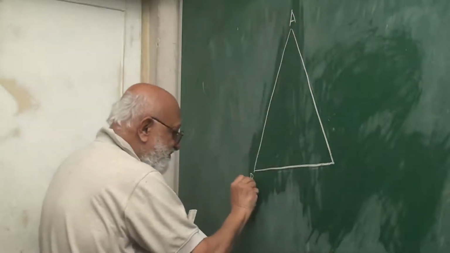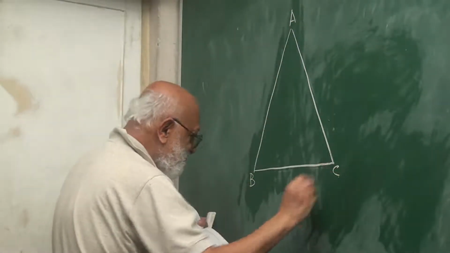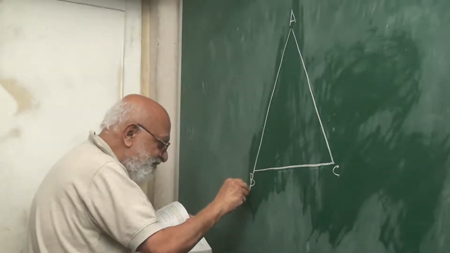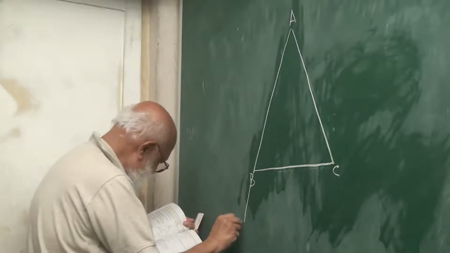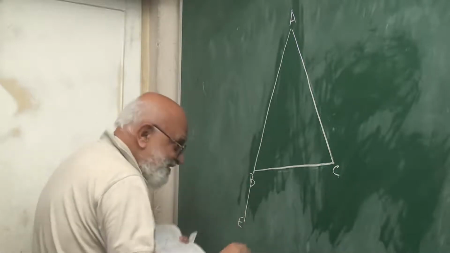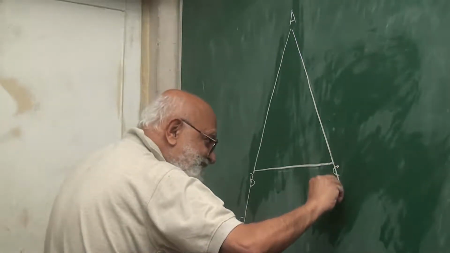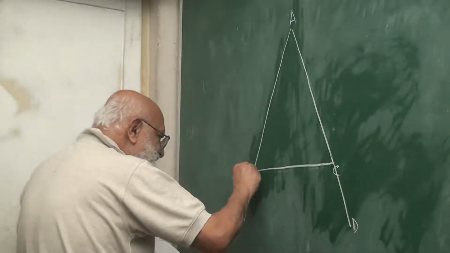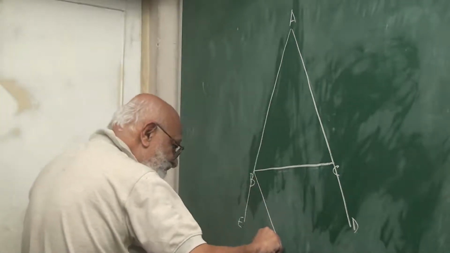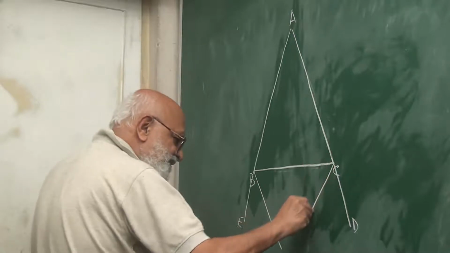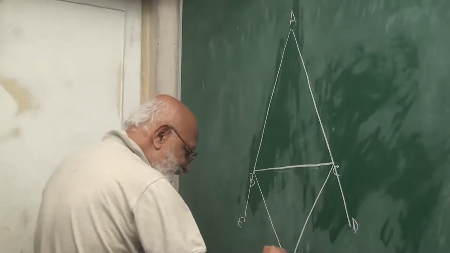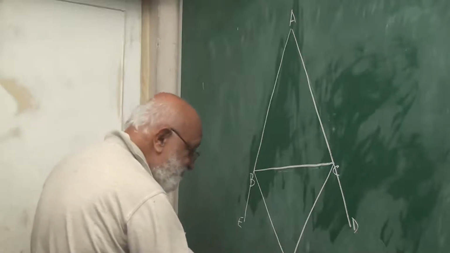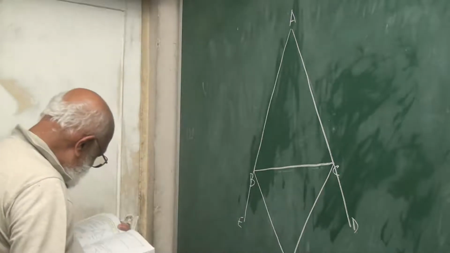A, B and C. Now, this side I will extend to E, and this side C is extended to D. Now the angular bisectors here are drawn, and they meet at O. You can see this is given in the book.